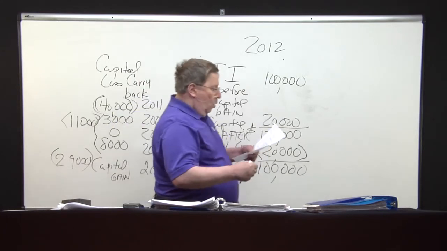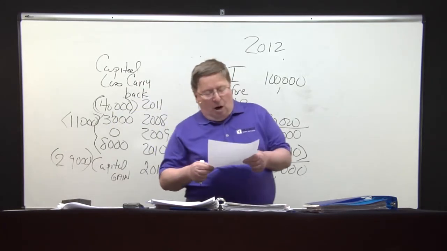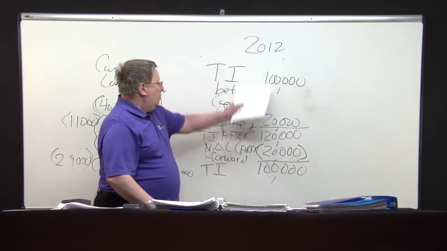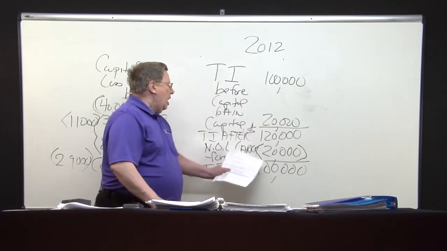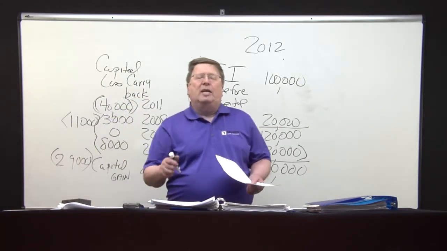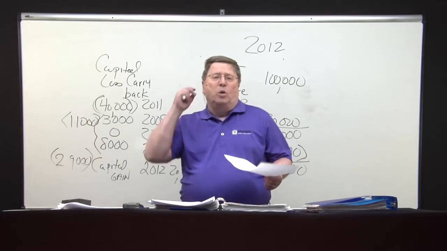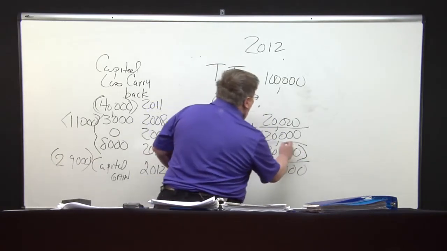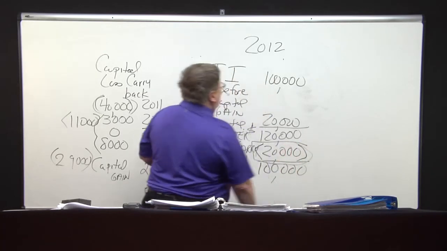All right? So, what is our answer? Our answer is this. Our taxable income, after we add in the capital gain and take the net operating loss carry forward, is $100,000. And the reconciling item, which is the Schedule M1 adjustment, is the net operating loss carry forward.